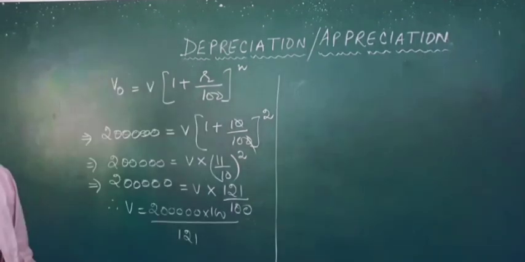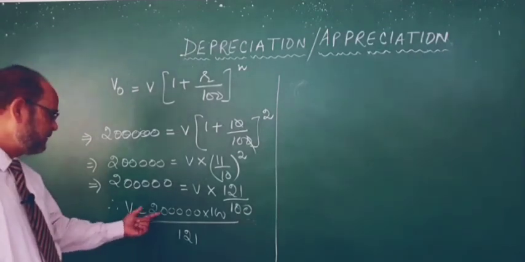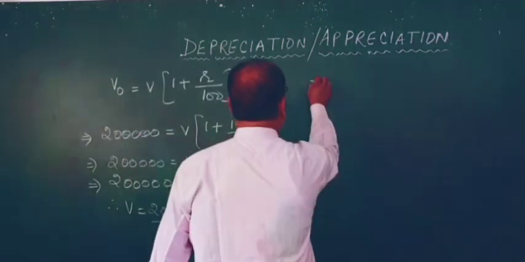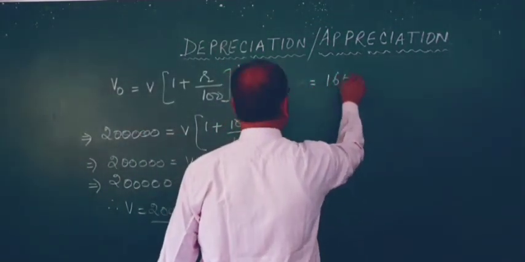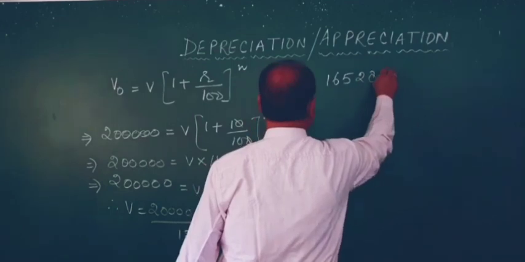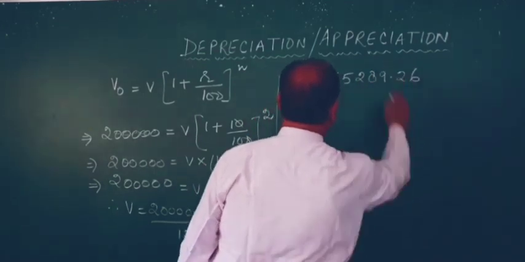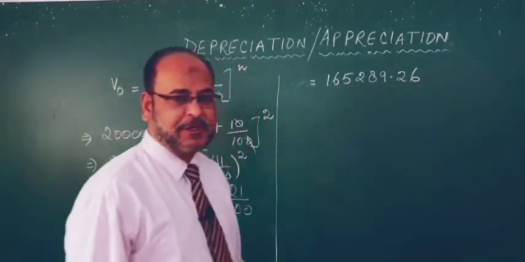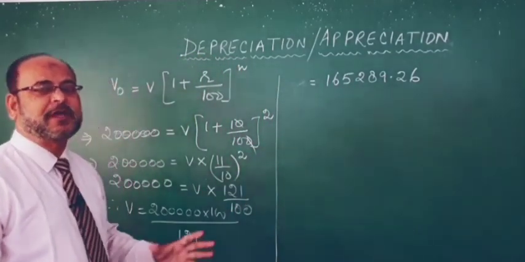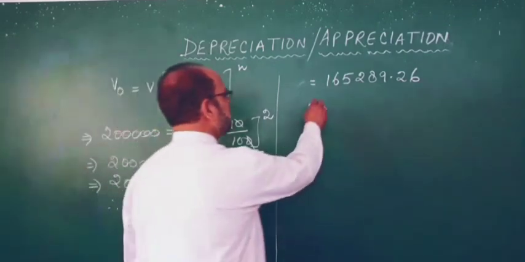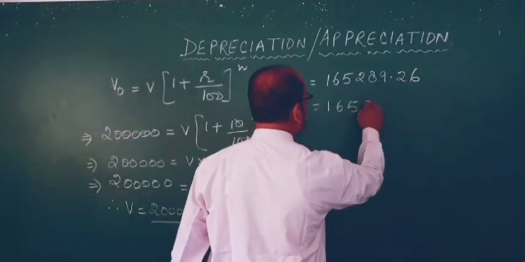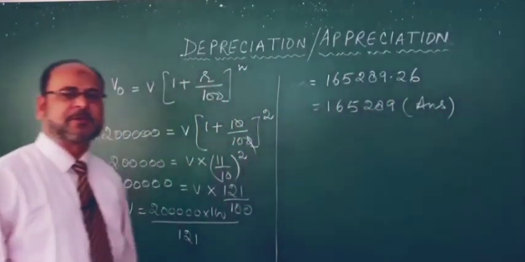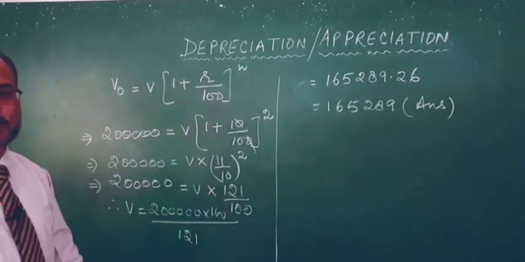So when we multiply these two numbers and divide by 121, our answer will come 1,65,289.26. But since it is population, we cannot write in decimal. So we will write 1,65,289. This will be the answer of this question, meaning the population 2 years ago.